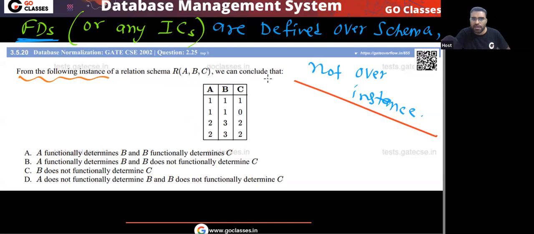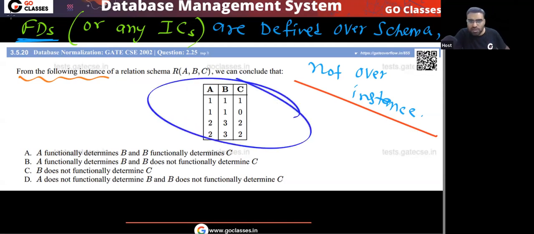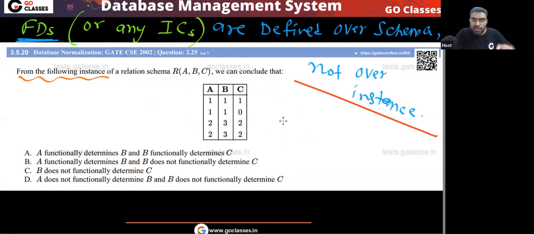I told you that if I give you some instance, you can eliminate some functional dependencies, but you can never say that some functional dependency will hold, because functional dependencies are defined over schema, not over instance. So from this instance, you can only eliminate.